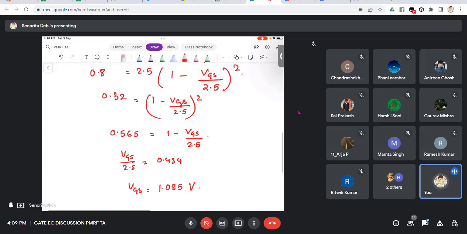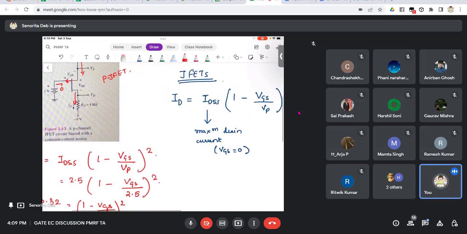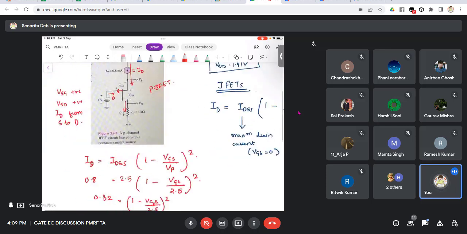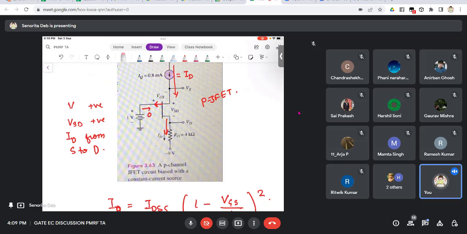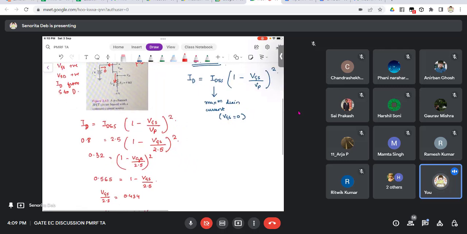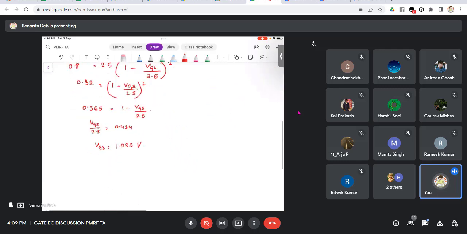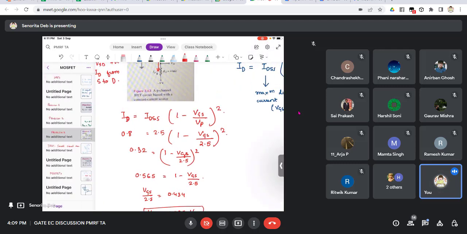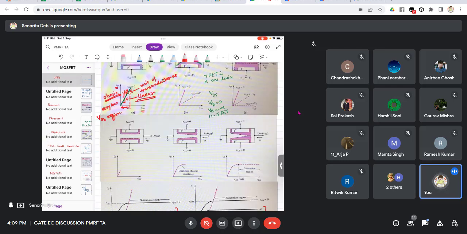Okay, so I can write here as mod VGS, or I can write VSG, whatever is there. One mistake is here, it should be VGS is positive, because this will turn off for negative voltages. So VGS is positive. If you remember the characteristics, I will show you once more. So this is what VGS will be, 1.085 volts. Let me show you the characteristics so you quickly remember.